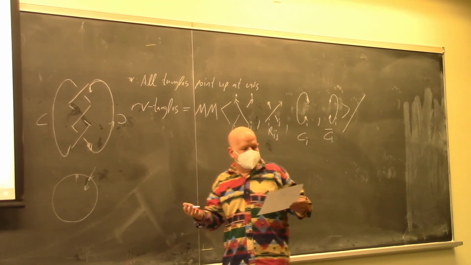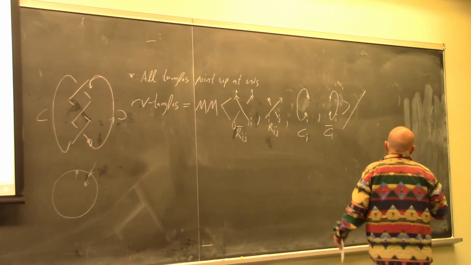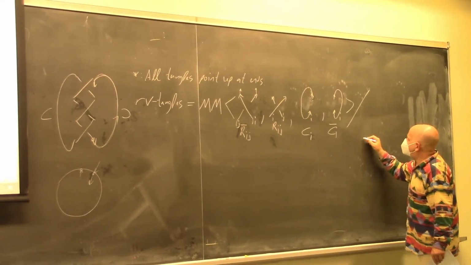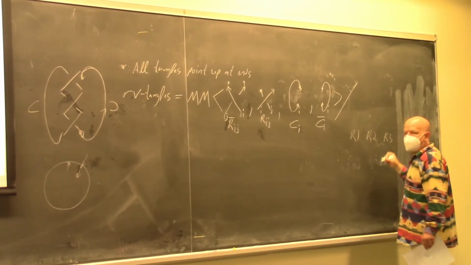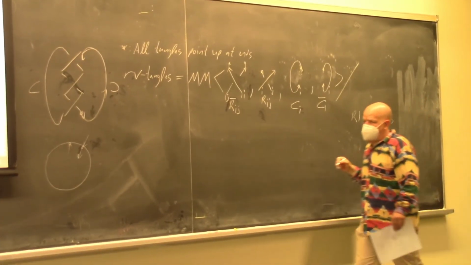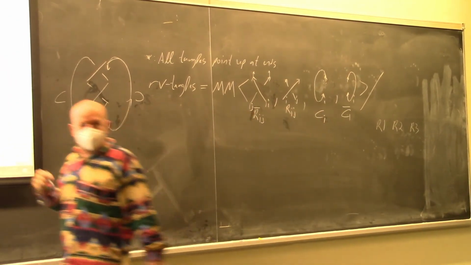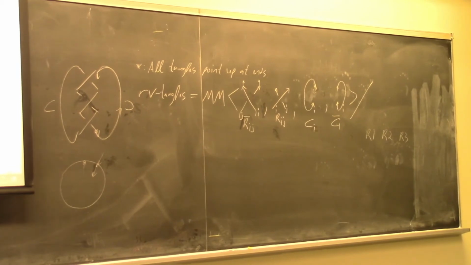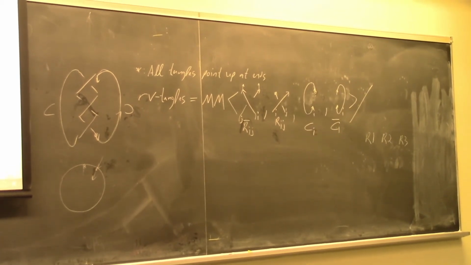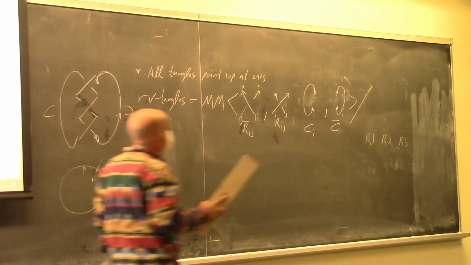Okay? So, you know, at the end I will enumerate Reidemeister 1, Reidemeister 2, and Reidemeister 3. But in a way, I should start with something even more fundamental, the following weird relation.